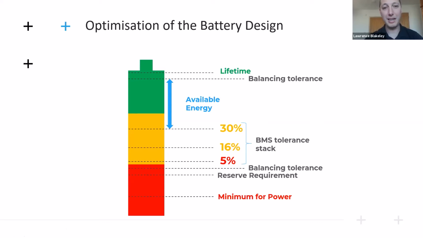And then secondly, I need to remove this balancing tolerance again. So in any battery system, the available energy is what's left between the 30% and the balancing tolerance. So clearly I've got tunes I can play around the BMS tolerance. There's not much else I can play with in this diagram to try and optimize my battery design.